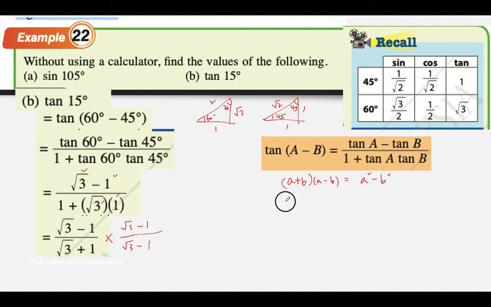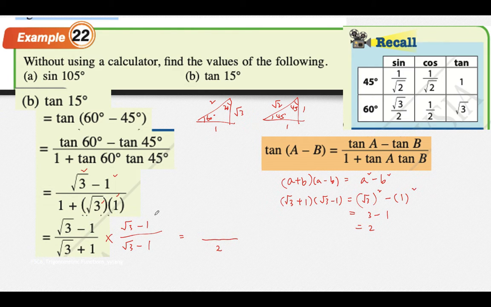So let's see, square root 3 plus 1, square root 3 minus 1, A is square root 3, so A square minus B square, B is 1. Square root 3 square, you get 3. This one gets 1, so you get 2. So down there equals 2.